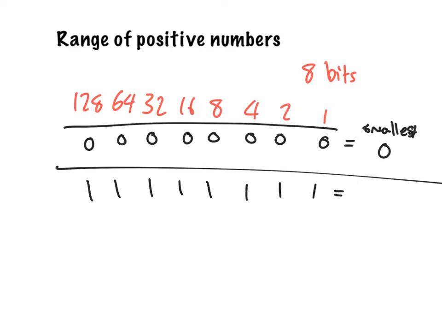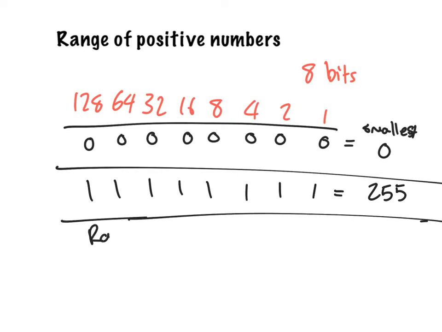And if we add all of those numbers, 128 plus 64 all the way down to the 1, then we get 255. So we would say that the range for 8 bits is from 0 to 255. If we used only 4 bits, so let's get rid of some of this.